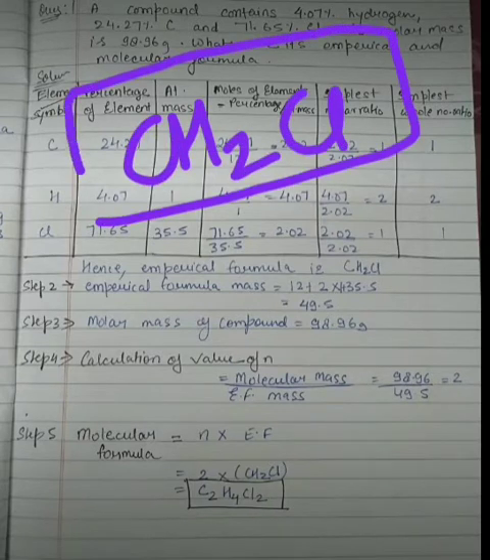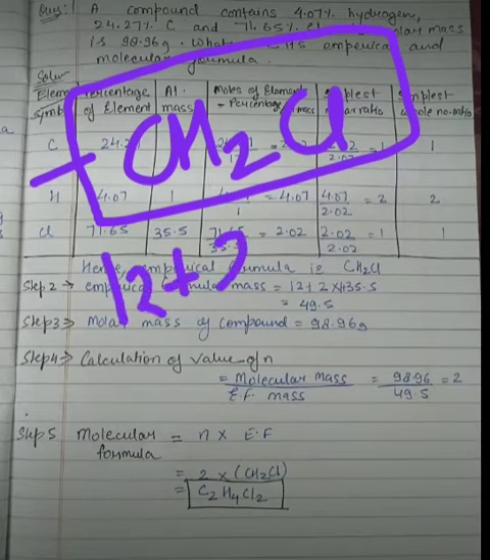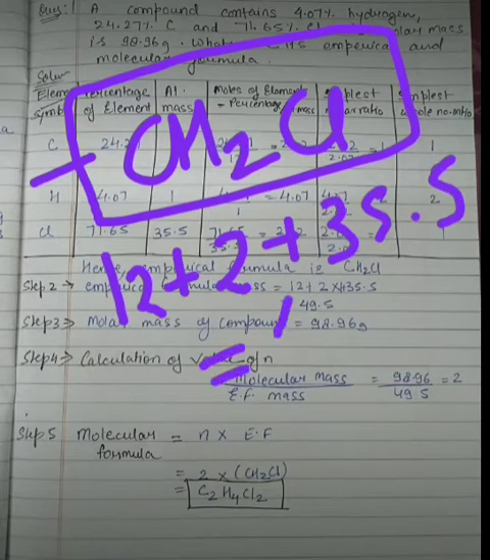Now for calculating the molecular formula, in the very first step you have to know its empirical formula mass. So its empirical formula mass will be 12 for carbon, 2 for hydrogen and 35.5 for chlorine. So this will be 49.5.